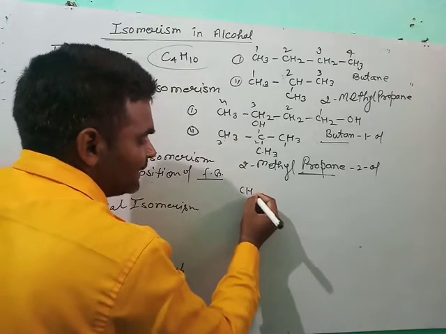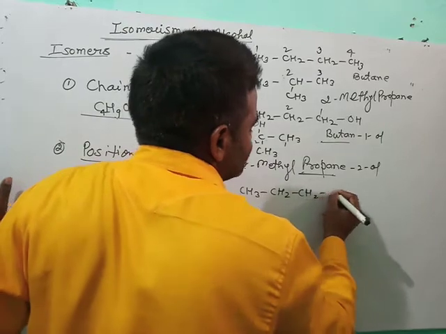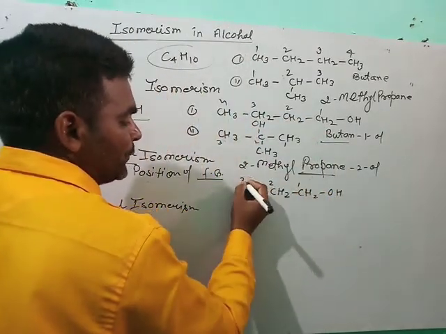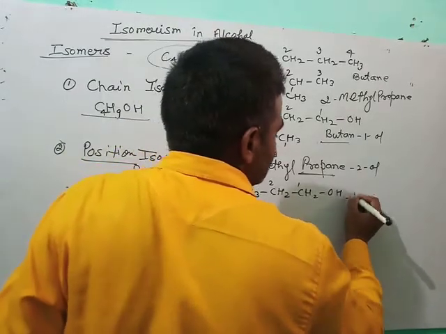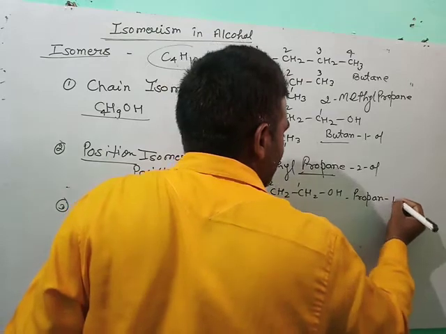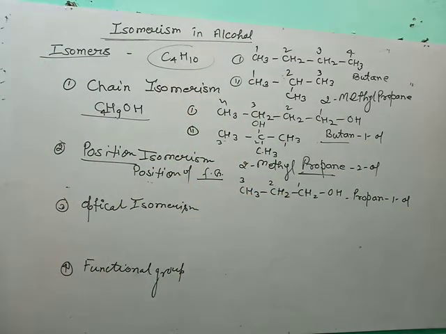We have CH3, CH2, CH2 and OH. This is 1, 2 and 3. The IUPAC name is 3 carbon, propane, 1-ol.